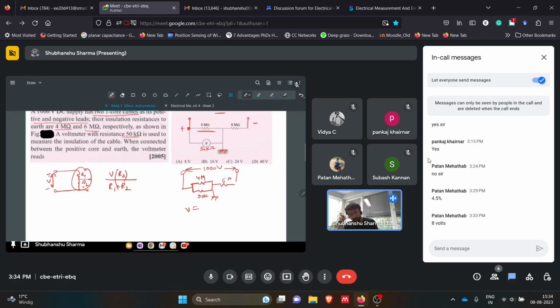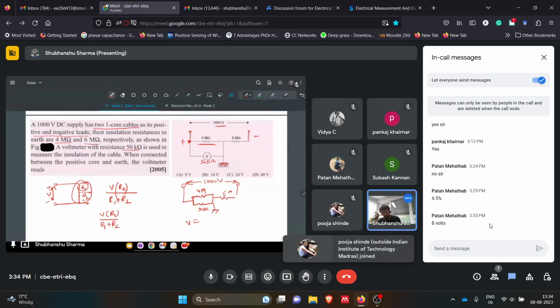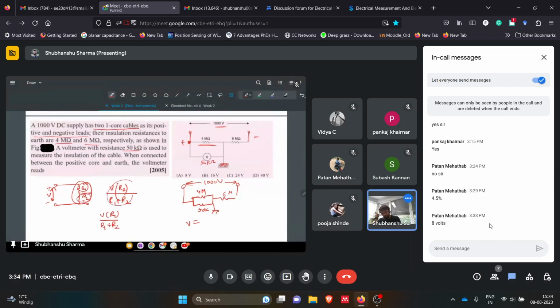Similarly, the voltage across R1 will be V into R1 divided by R1 plus R2.